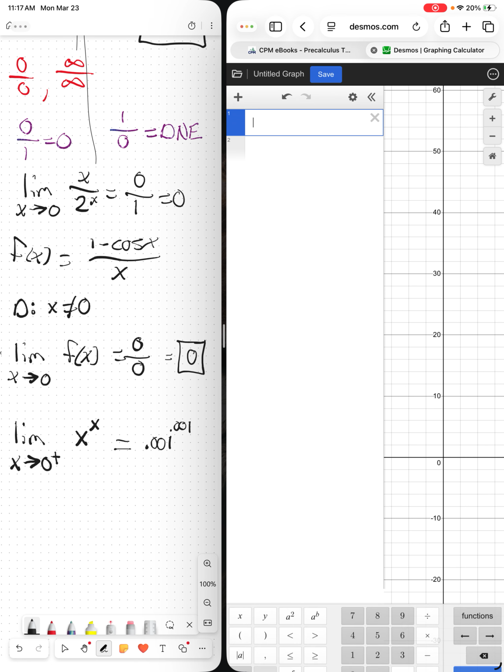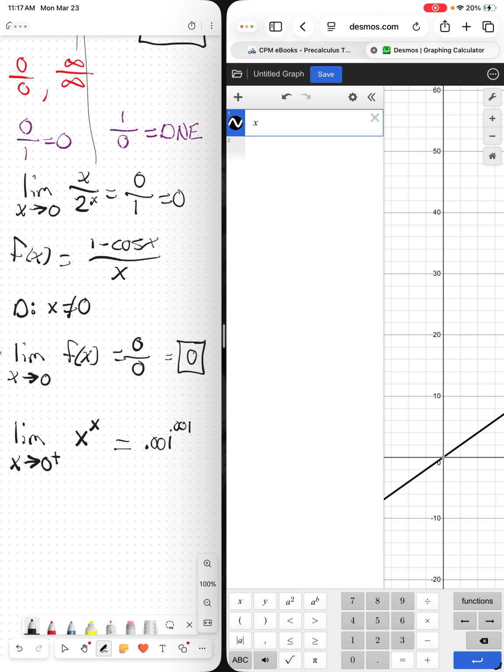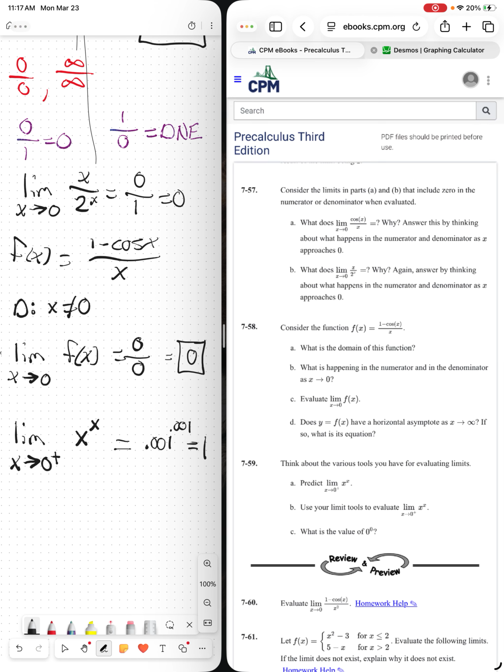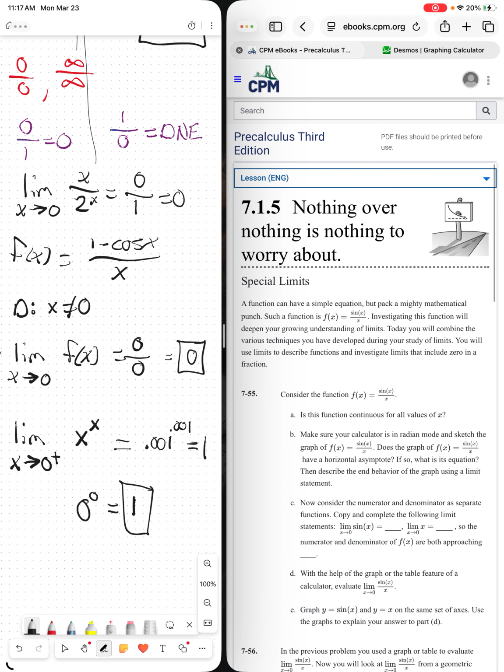So let's see what we get when we do x raised to the x. What are we approaching? Looks like 1. So then, predict the value. What is the value of 0 to the 0? We're going to say 1, based on our limit and our graph. Cool. This is 715.